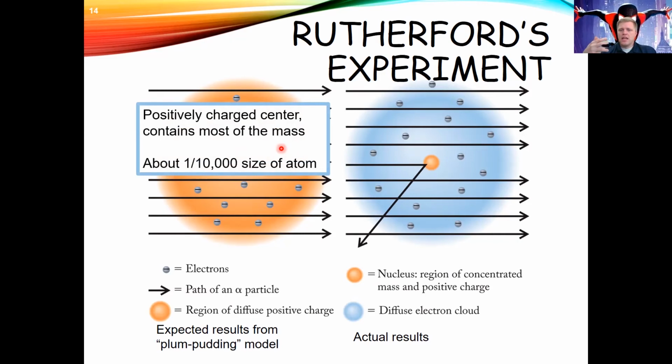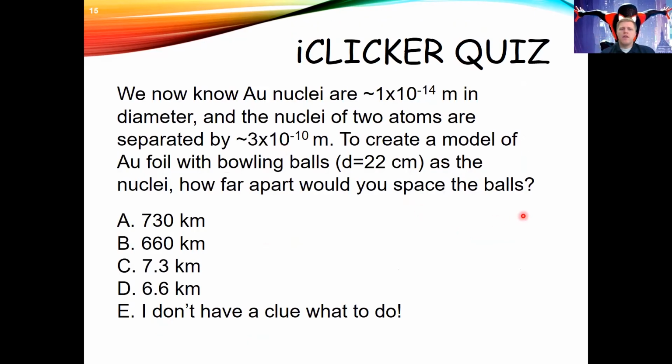So to give you an idea of what that means, I'm going to give you this iClicker quiz. So we know now that a gold nucleus is about 1 × 10⁻¹⁴ meters in diameter. And the distance between two nuclei, so two atoms sitting next to each other, they're each going to have a nucleus, the distance between those two nuclei is about 3 × 10⁻¹⁰ meters.